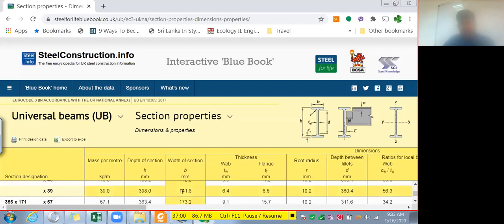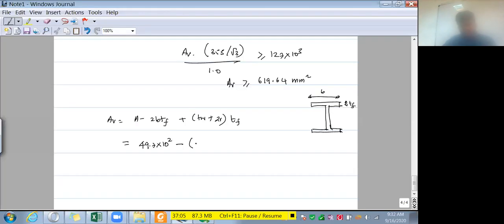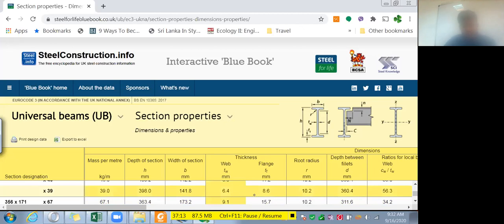So 2 into 141.8 into tf, the thickness of the flange, which is 8.6.